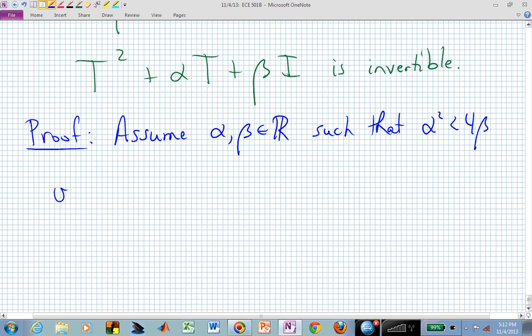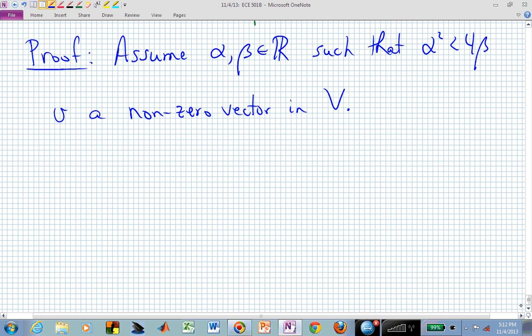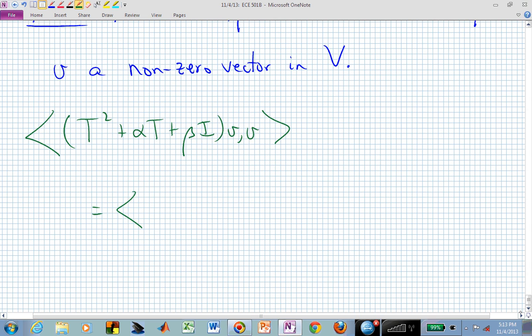And let's let V be a non-zero vector in this vector space V. Now let's look at the inner product of T squared plus alpha T plus beta I V with V. If we look at the linearity of the first slot, then we can push those three pieces into three different inner products.